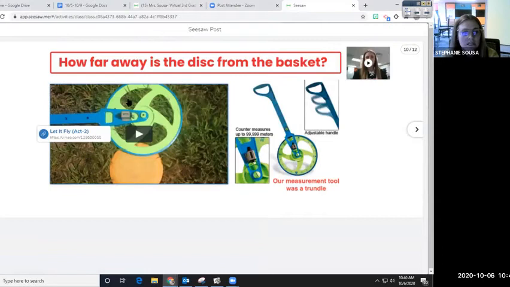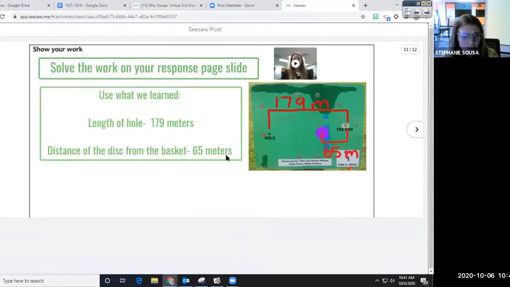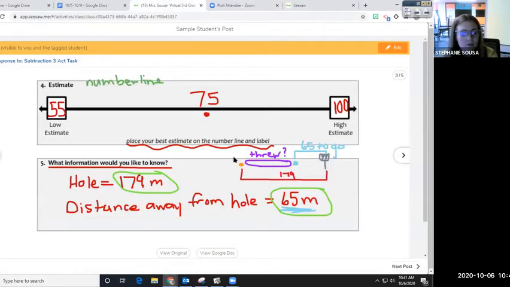We saw that the disc flew, using our trundle wheel, 65 meters. So the length of the hole was 179 meters. The disc flew 65 meters away from the basket. So we have to figure out what is missing, okay? So that's where we stopped yesterday.